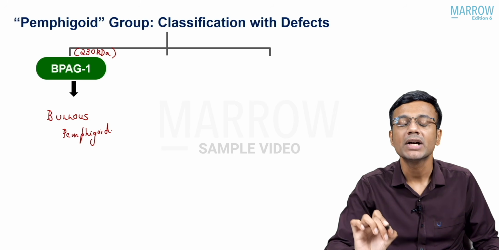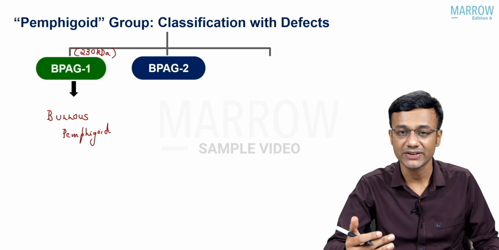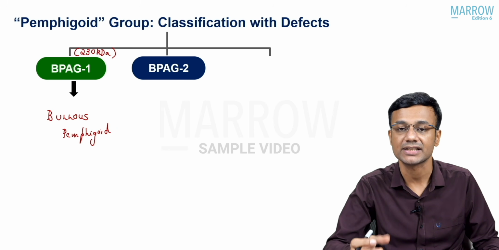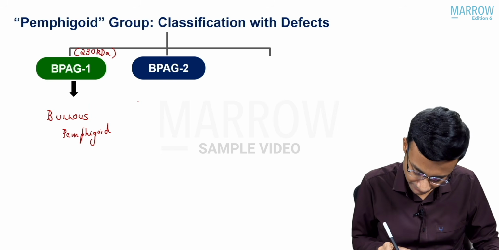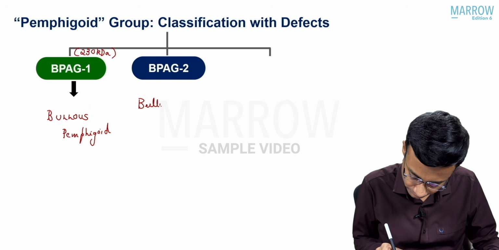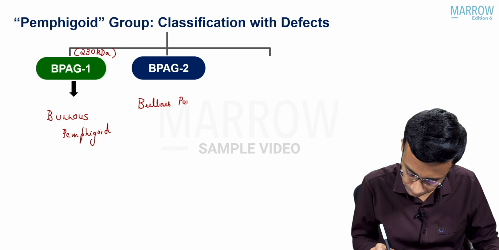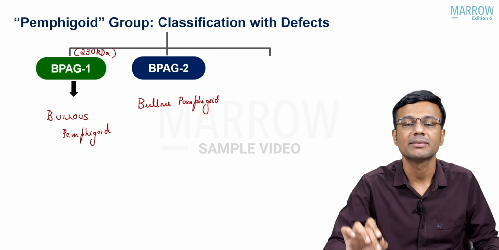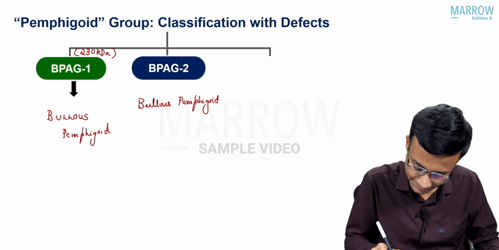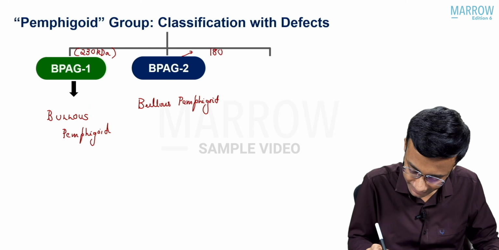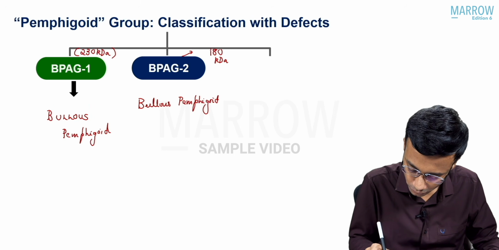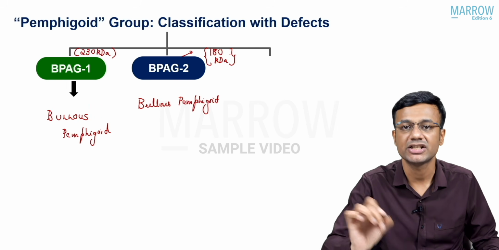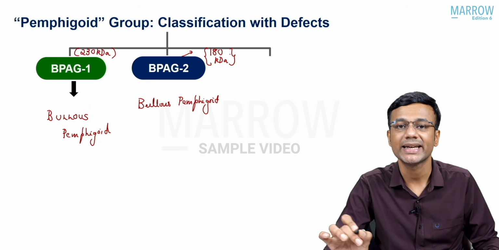Let's take up number 2, BPAG2. Which are the different diseases which are listed as defects for BPAG2? We'll start with bullous pemphigoid. And please remember, dear students, that bullous pemphigoid antigen number 2 has a molecular weight of 180 kilodaltons. So 230 kilodaltons is BPAG1, BPAG2 is 180 kilodaltons.